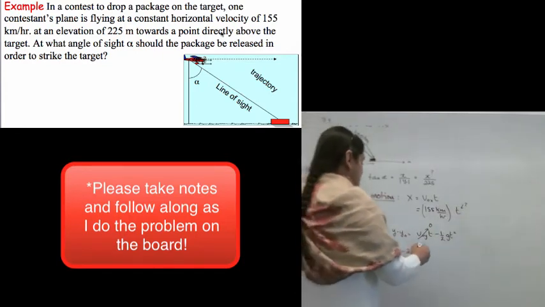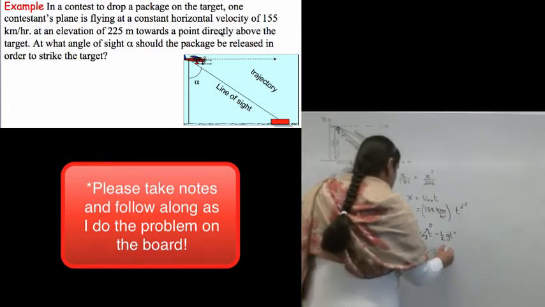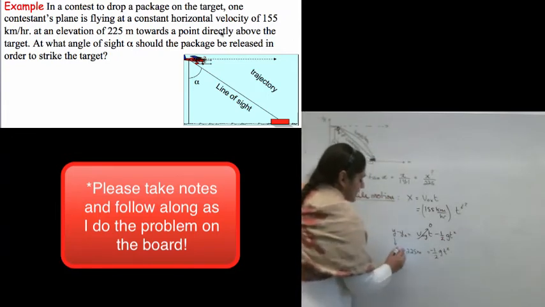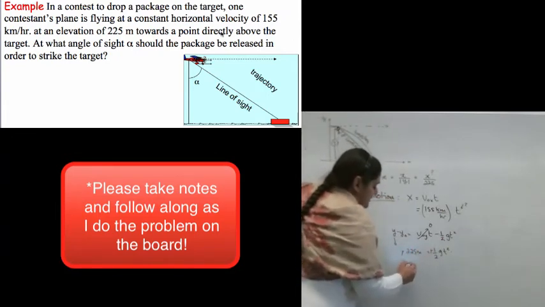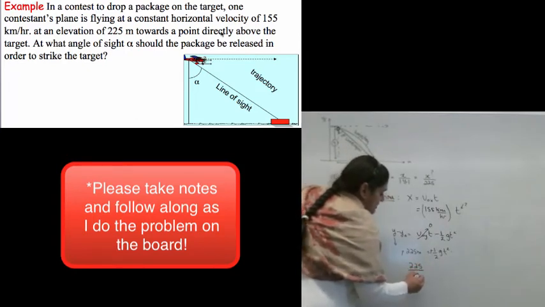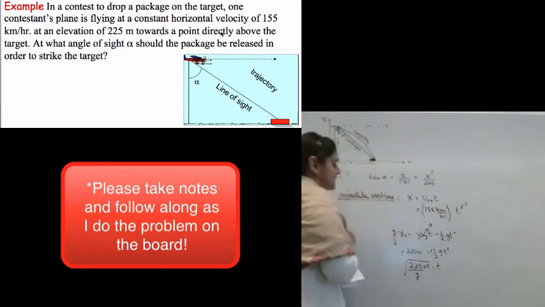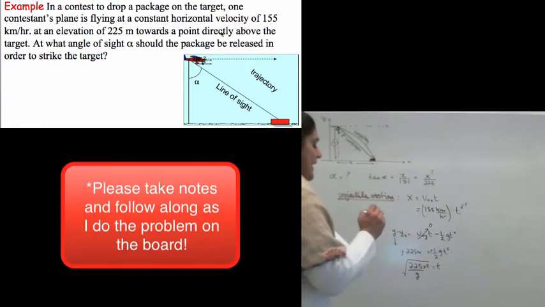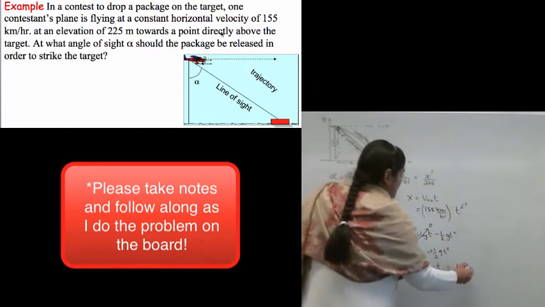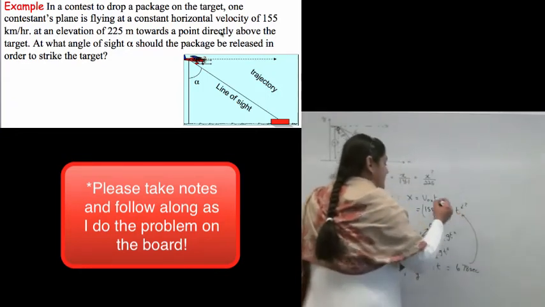So 225 equals 1/2 g t squared. Since v naught y is 0, I can ignore it. Minuses cancel. So t equals the square root of 2 times 225 divided by g.